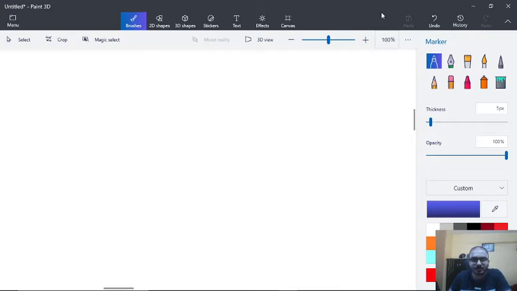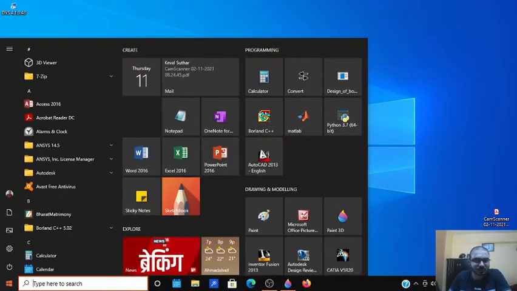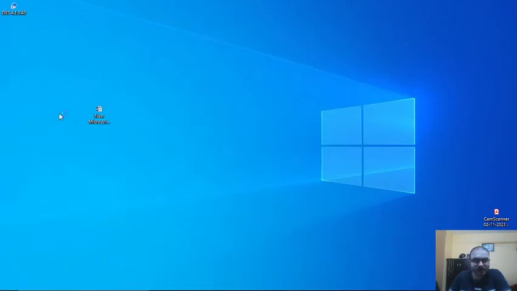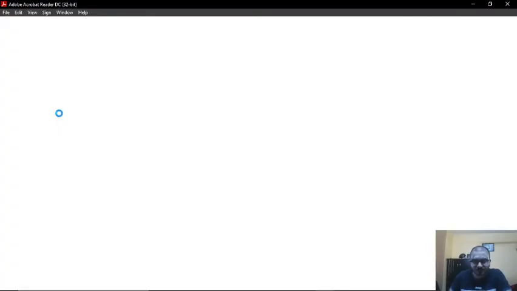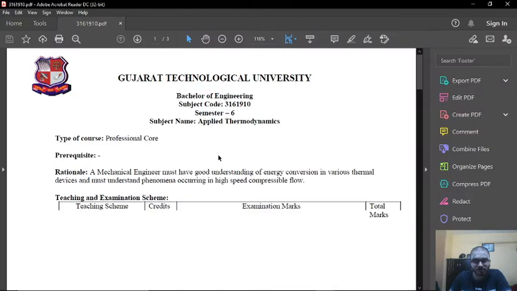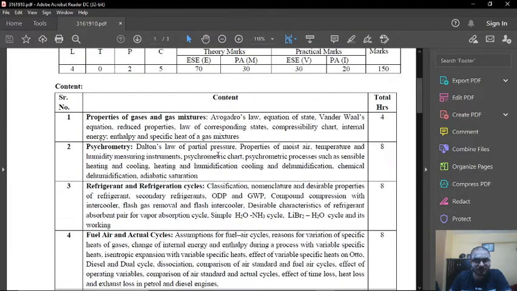Today we are going to begin a new chapter. So let us just go through what we have done till date. Here we have completed our first chapter, that is properties of gases.